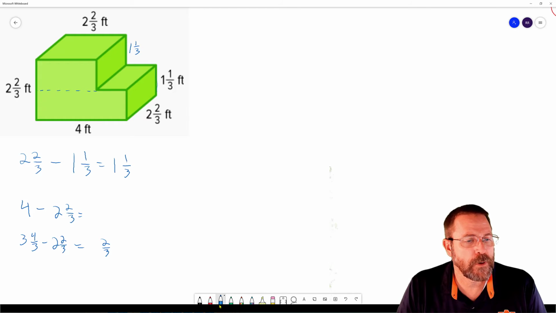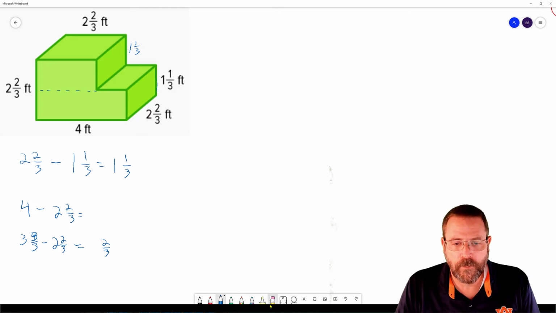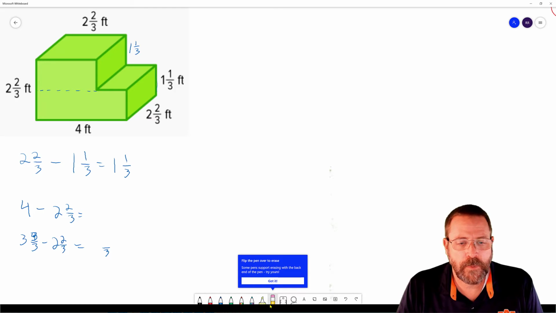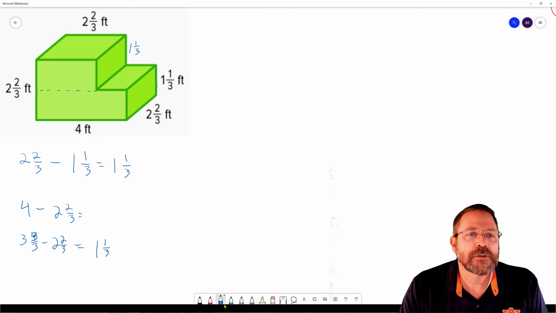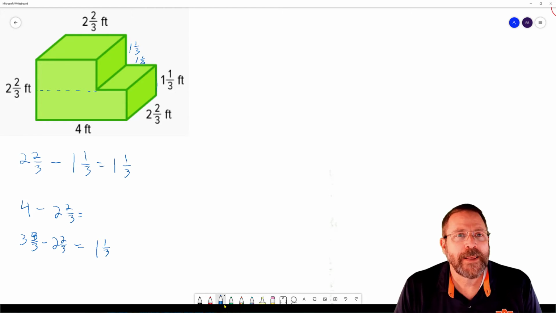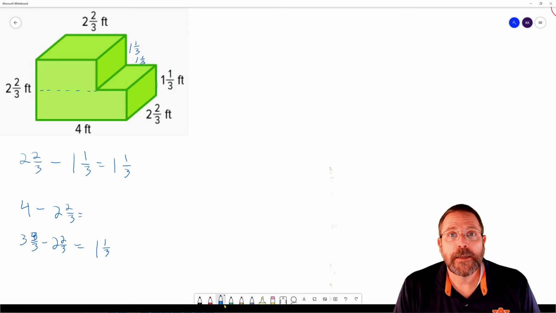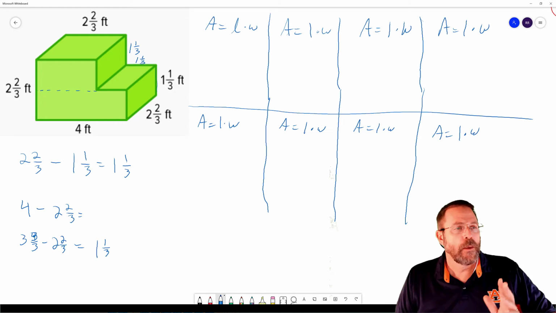I'm sorry, that should be 3/3, not 4/3. So 3/3 minus 2/3 is going to end up being 1/3 right there. And then 3 minus 2 is 1. So this distance across here is also going to be 1 1/3. And that gives me the information I need to get started.